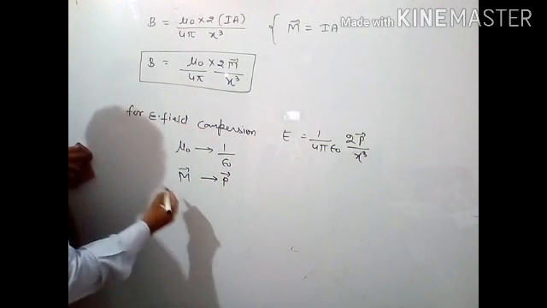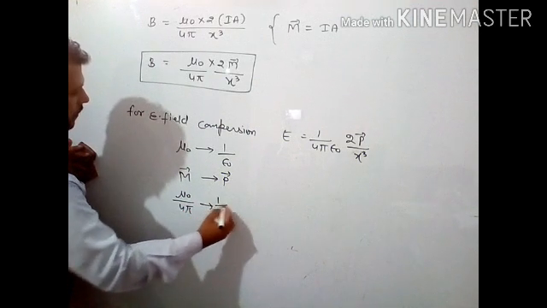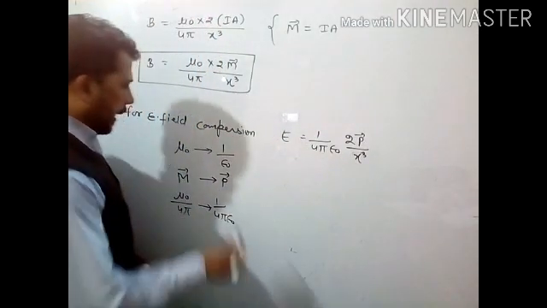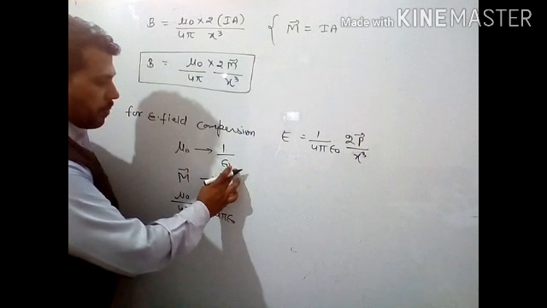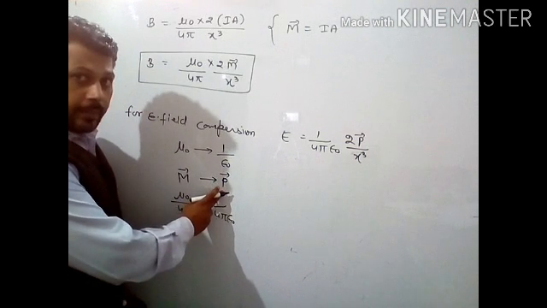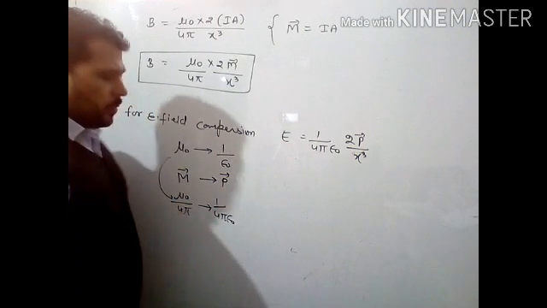Or simply we can say that mu naught by 4 pi is replaced by 1 by 4 pi epsilon naught.